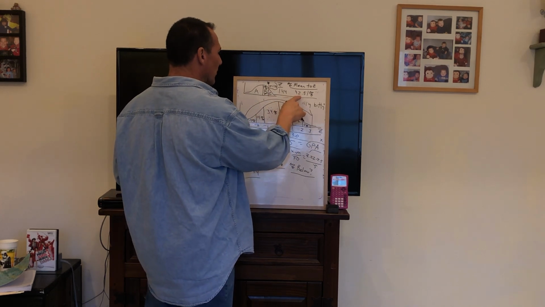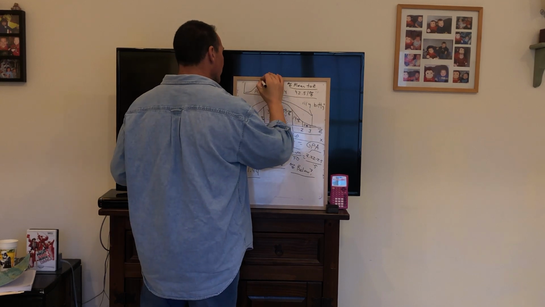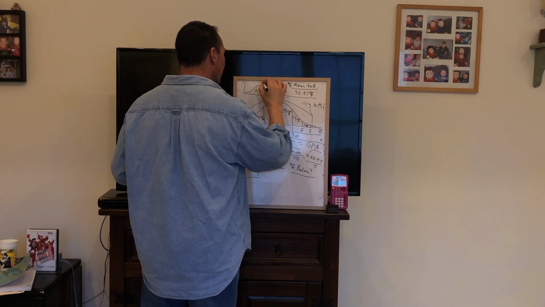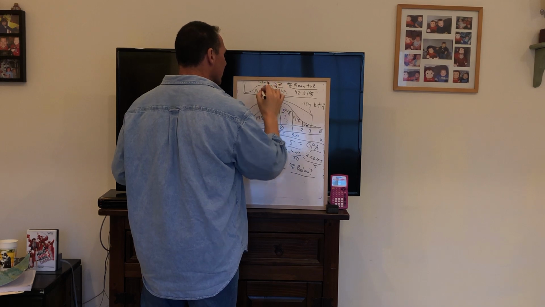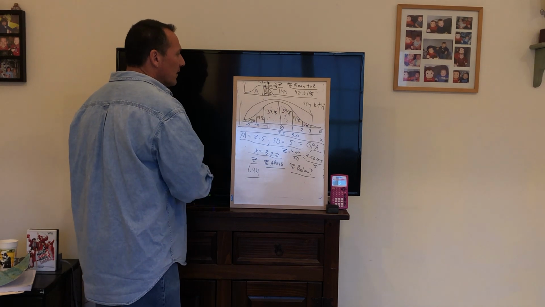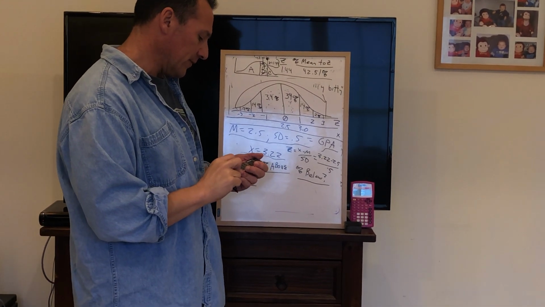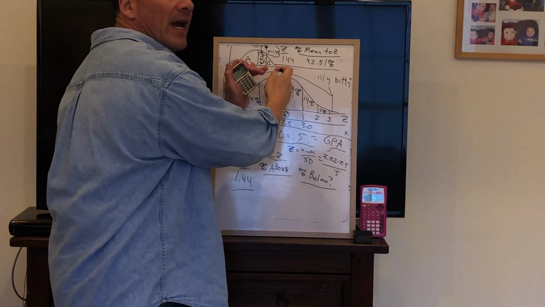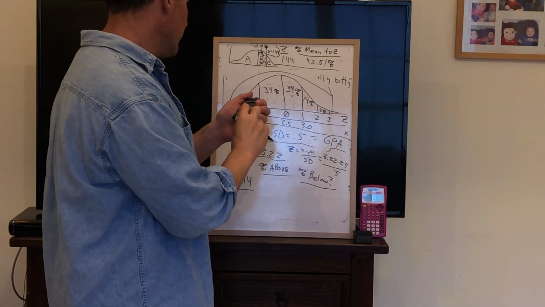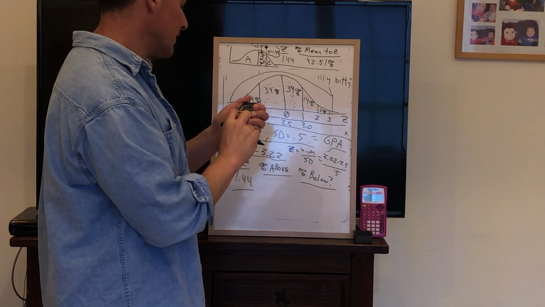Well, the table told me what section B is. So section B is 42.51%. To figure out section C, I'm going to go 50, this entire half for 50%, minus 42.51%.